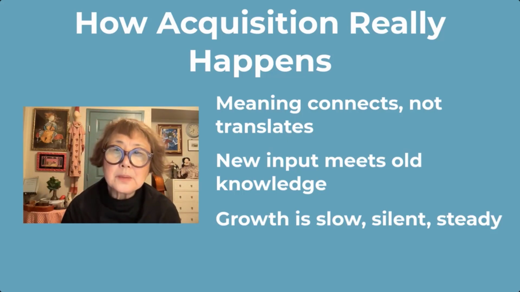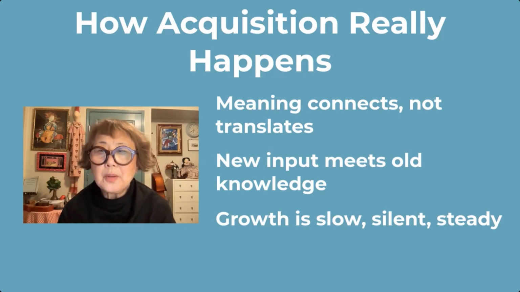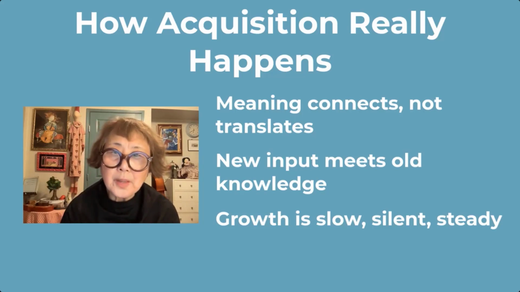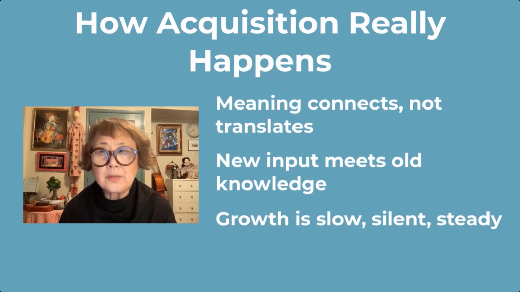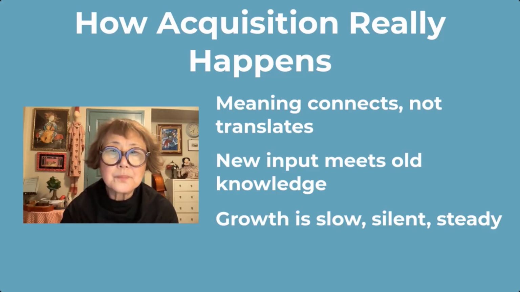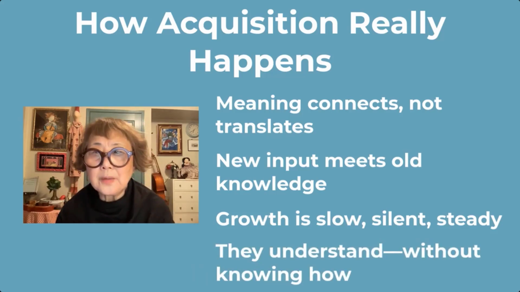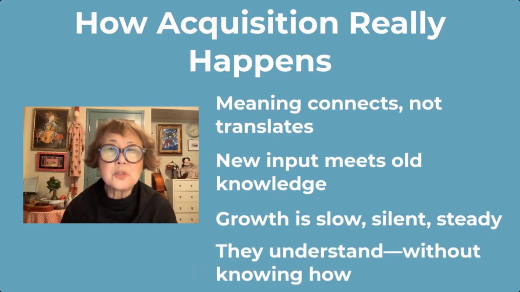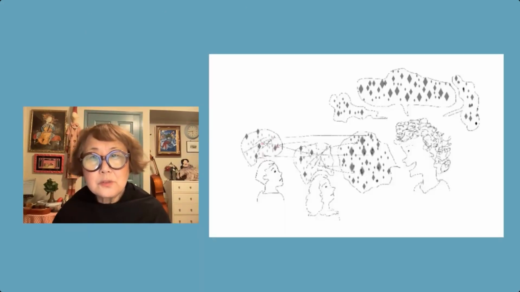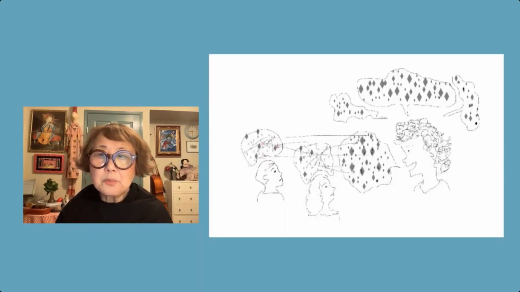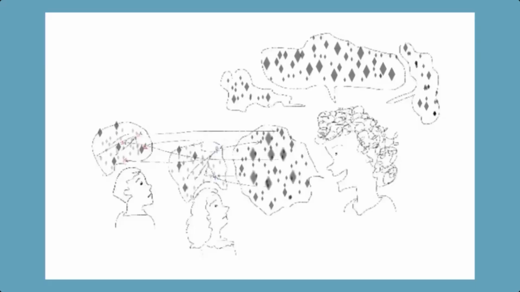With abundant and consistent optimal input, students will be able to understand things they couldn't understand just a few months ago. And they don't know why they can understand it without studying the language directly. This is a drawing that illustrates what I just explained.